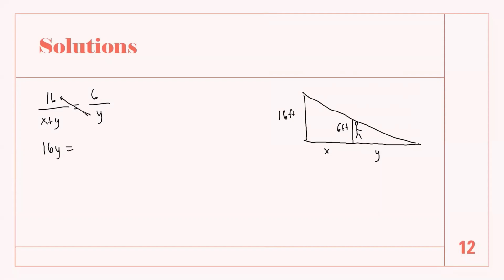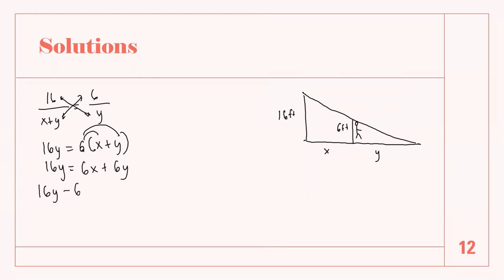Okay. So we are going to cross multiply. Okay. So what we are going to do next is multiply using the distributive method here. So 6 times x is 6x, then 6 times y is 6y. So now, we're going to combine like terms by transposing 6y to the left side.